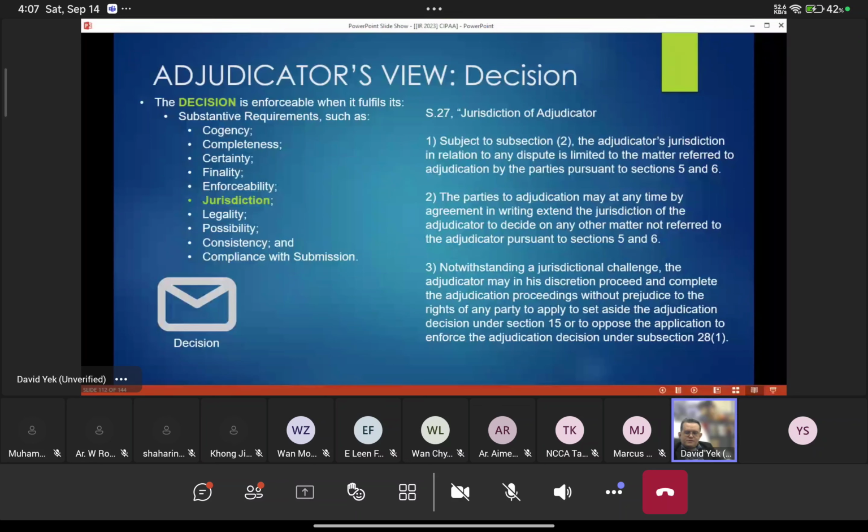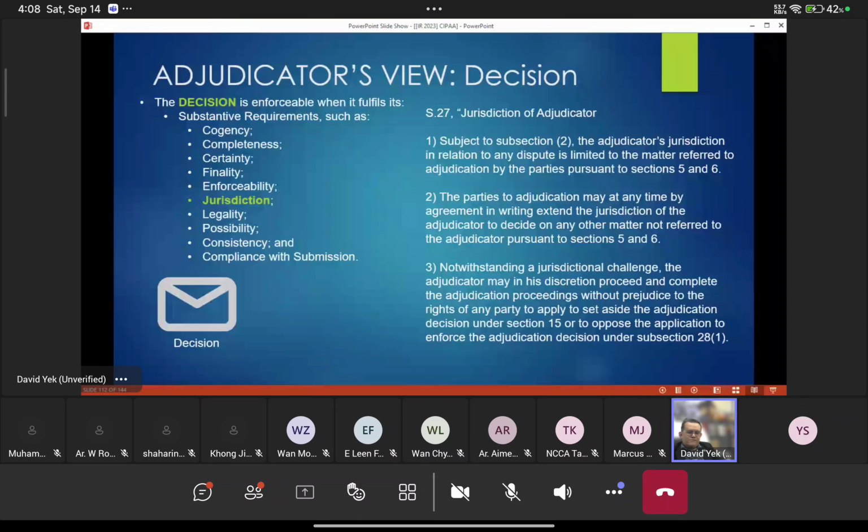The position of the Federal Court is, in View Esteem, that yes, the respondent has the right to defend himself all the way. Therefore, whatever reasons that he has not raised even earlier, he can also raise now, or he can even raise thereafter. So this becomes a very contentious issue for adjudication and difficult to mitigate at this moment.